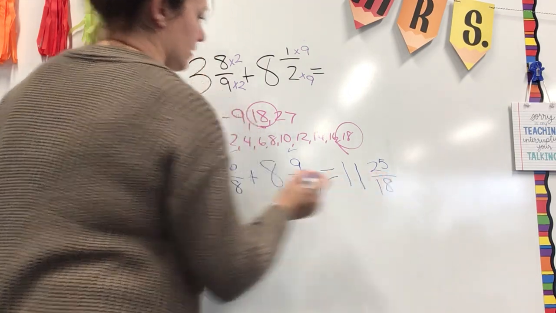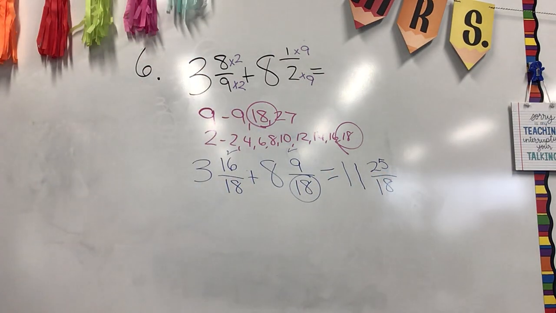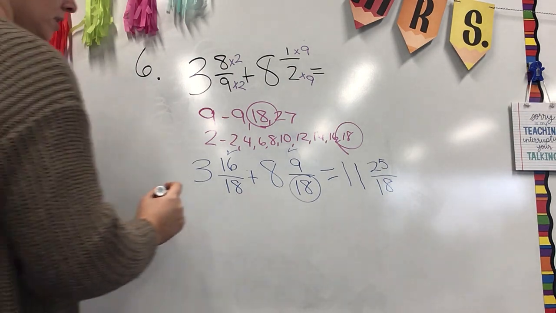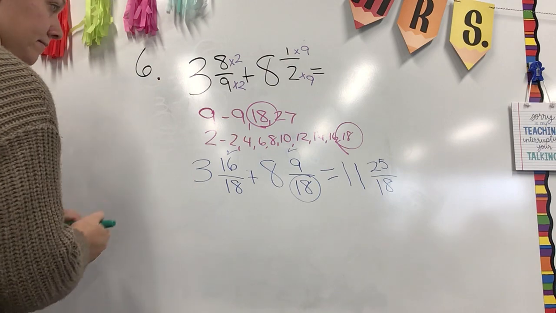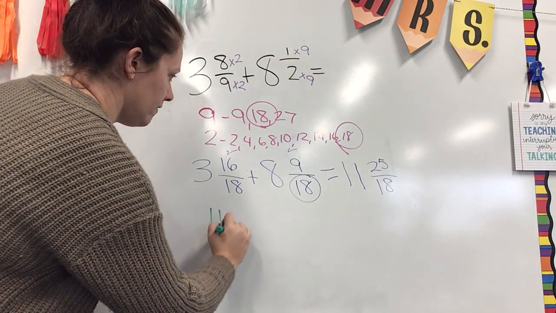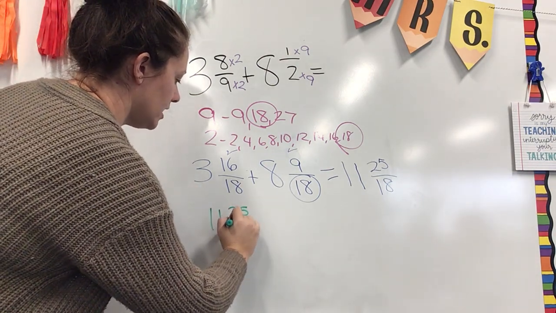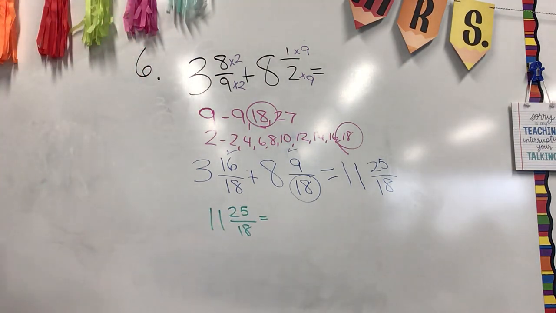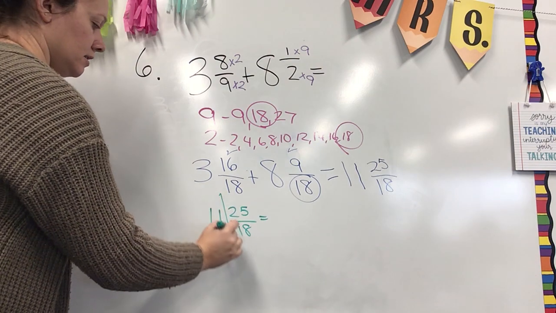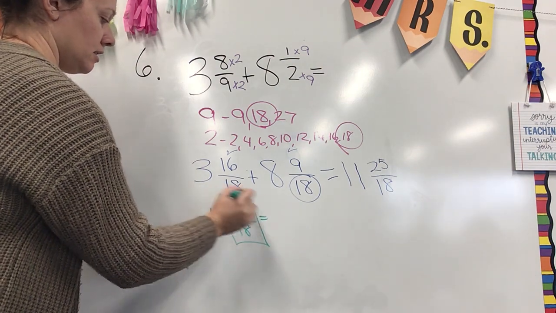Am I done? No. Can I leave that improper fraction over there? No. So we need to fix this. So we've got 11 and 25 over 18. So 25 divided by 18. What is 25 divided by 18? 1.